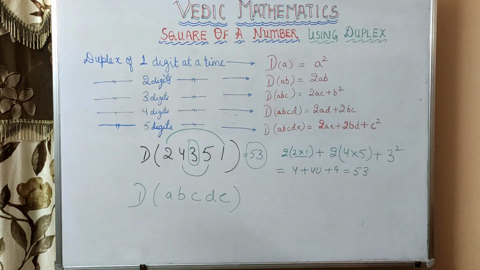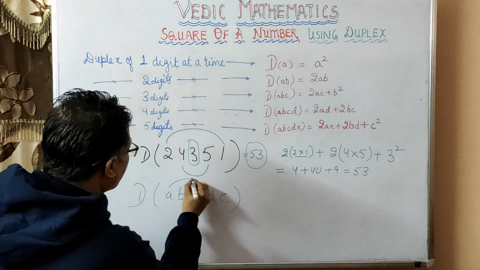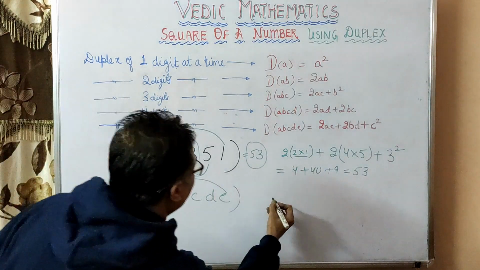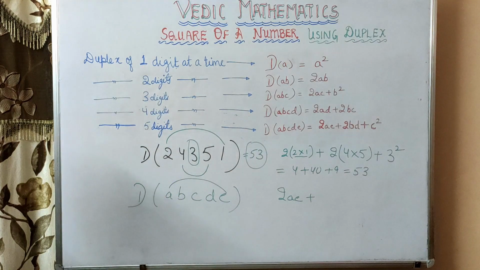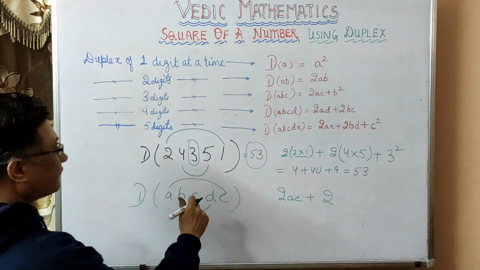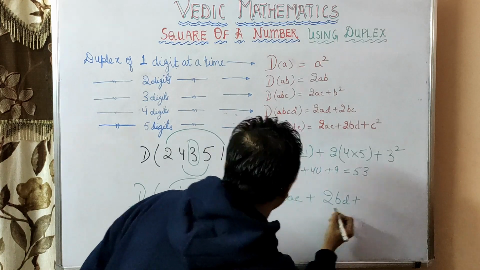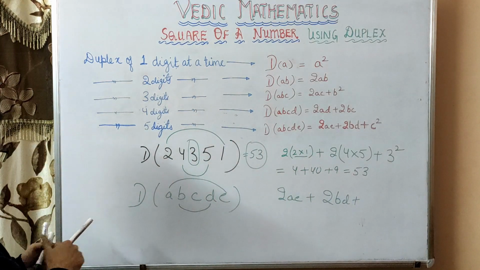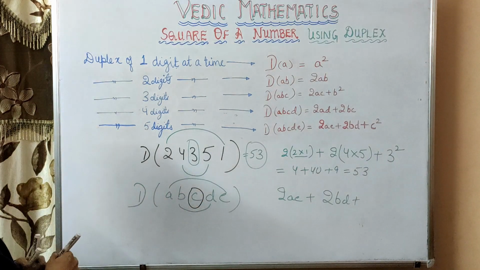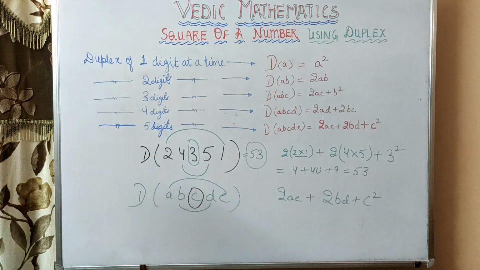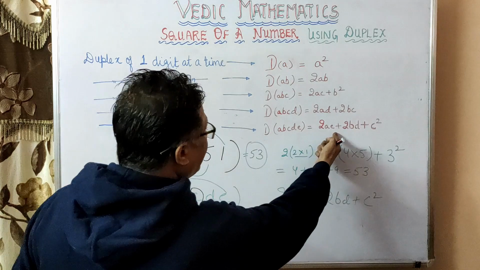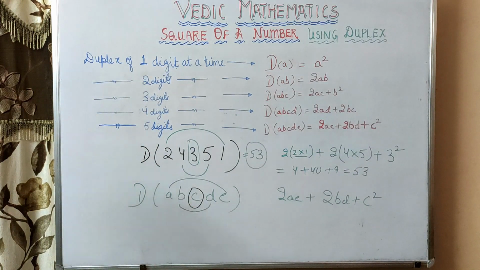You go from here to here, double it, 2AE, plus you go from here to here, twice of BD, plus this single one remains. Now you just have to write the square. So isn't this the same? 2AE plus 2BD plus C square. So this is the duplex.